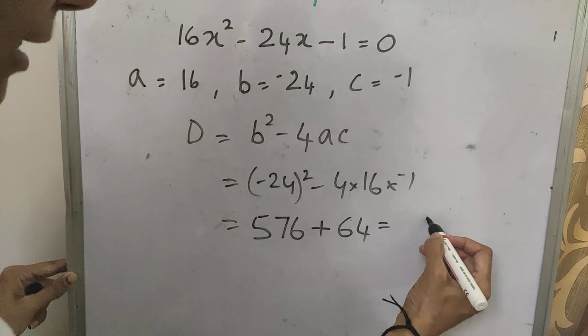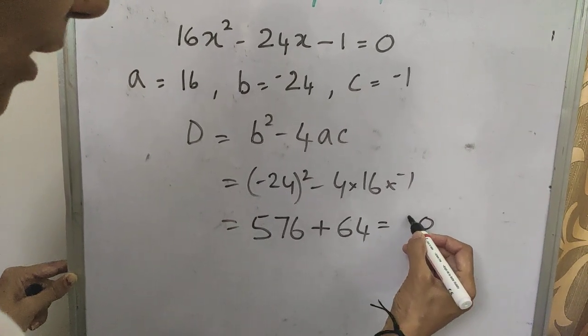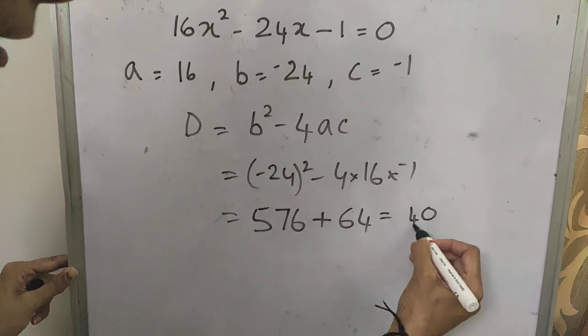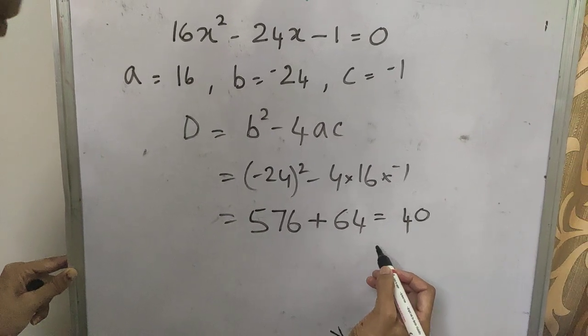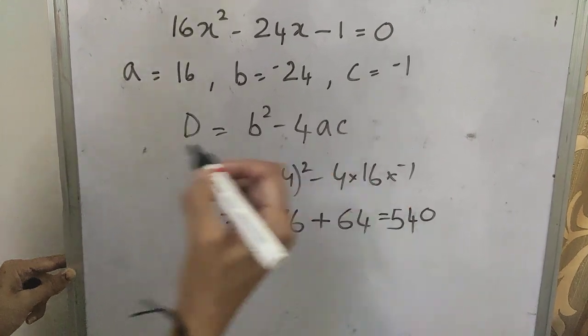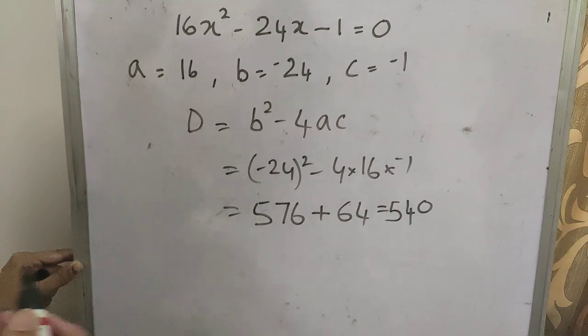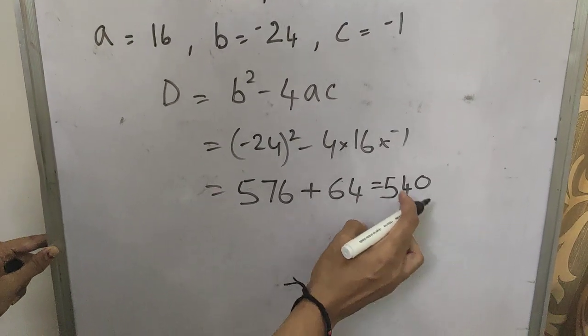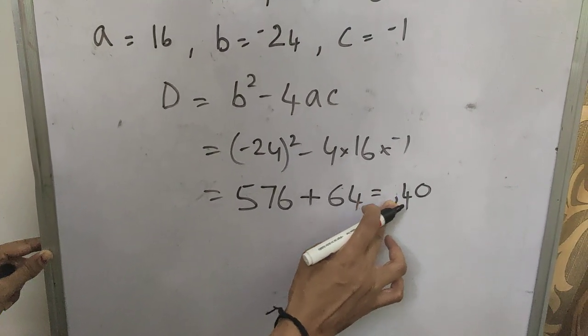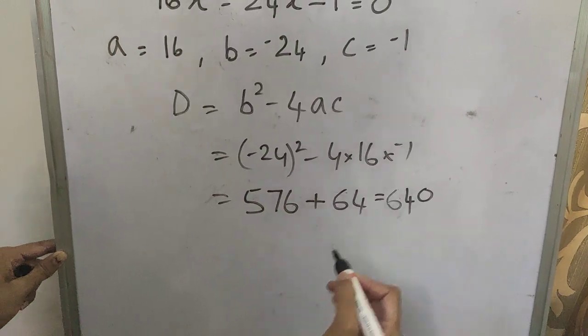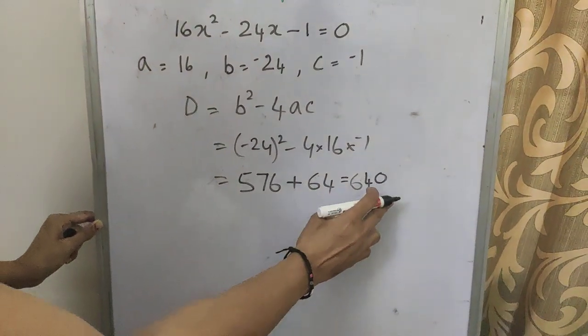And you get an answer. Check whether I am writing it properly or no. Okay? Am I right? Okay. Is this value? Yes, I made a mistake. 640.